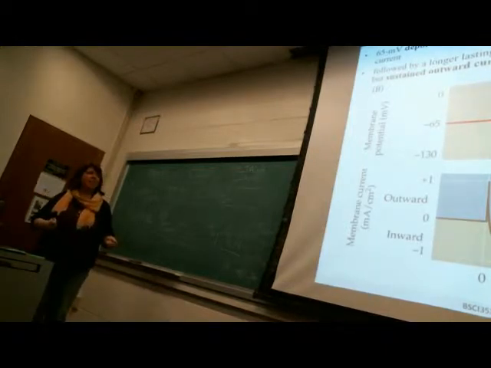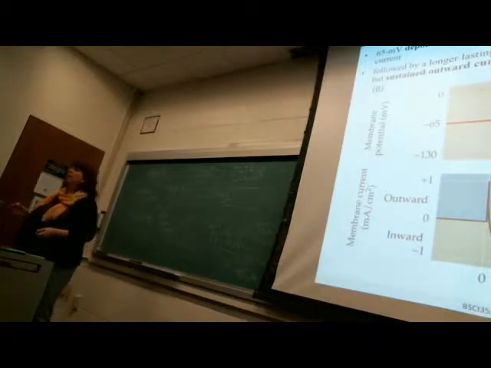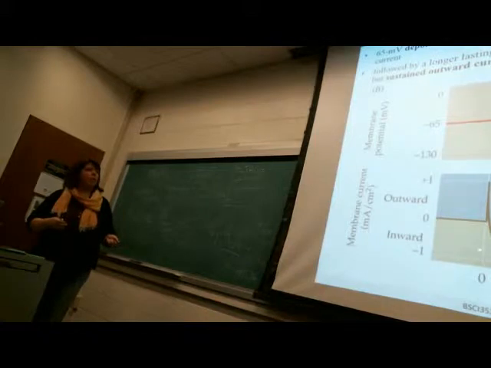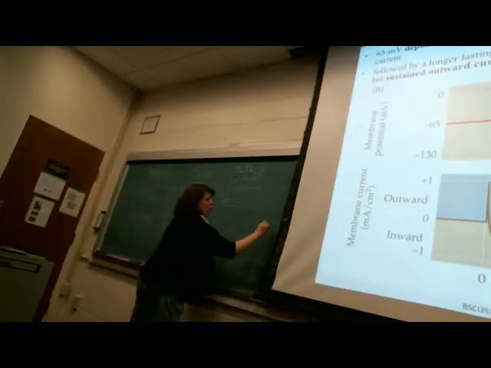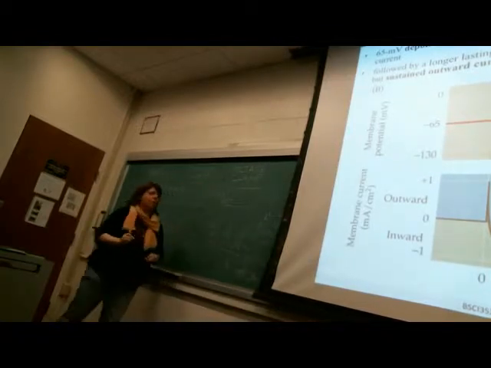This inward current is listed as negative just by pure convention. Okay. There is a reason, but I'm not going to really tell you. If you want to know, you can come ask me later. But I'm not going to tell you because it just sort of adds confusion. It's basically a measurement convention. Okay. So this outward current is now potassium ions flowing out of the cell.